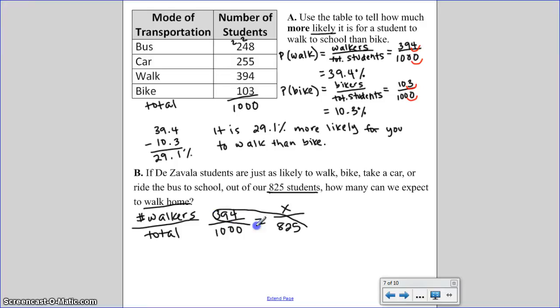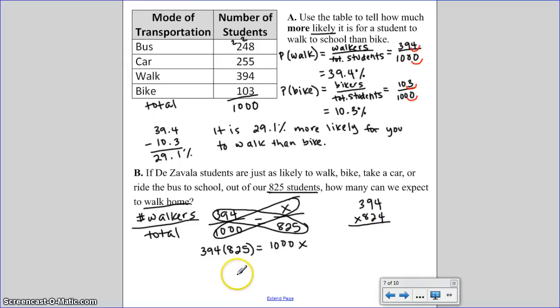So we're going to start here by cross multiplying. So we get 394 times 825 equals 1,000 times x. Then when we do this math, I'm going to let you guys do this on your own. Make sure you have the work out here. So go ahead and pause it while you do this work.